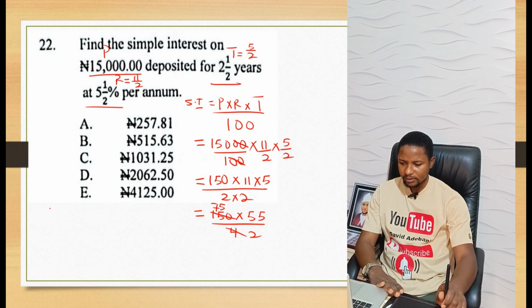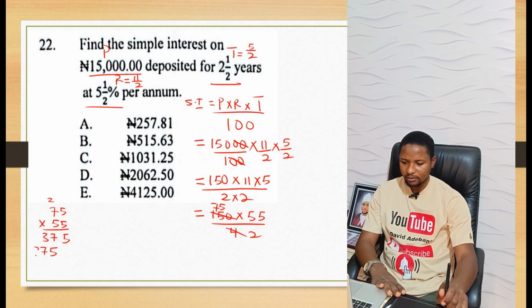So I can multiply 75 by 55 and divide by 2 later. 5 times 5, 25, carry 2. 5 times 7, 35, plus 2, 37. And the same process. So you have 5, 7, and 3. So you have 5, this is 2, 12, carry 1, 10 plus 1, 11, carry 1, and you have 4.